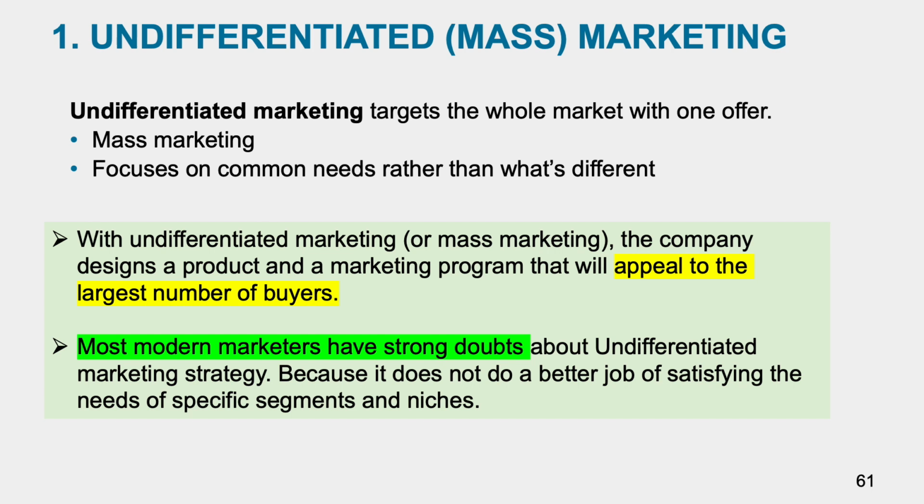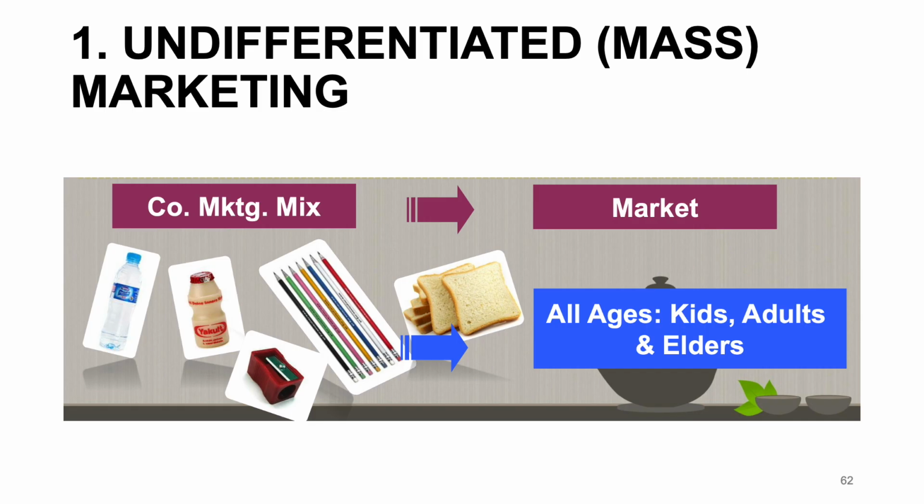There are limitations and disadvantages in choosing undifferentiated marketing. In this example, the companies' marketing mix elements are provided to kids, adults, and elders without any changes.